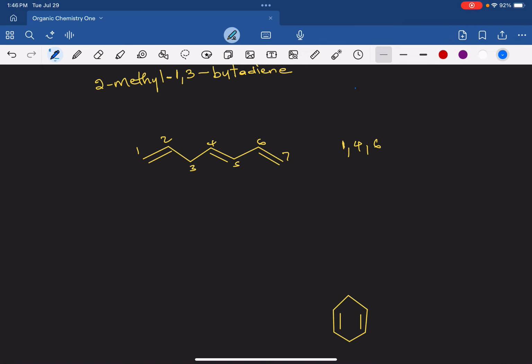So let's go. Let's do blue. 1, 2, 3, 4, 5, 6, 7. What's going on with blue? Let me take yellow out, just so we can focus on blue for a second. With blue, the double bond is between 1 and 2. We take number 1. Double bond is between 3 and 4.